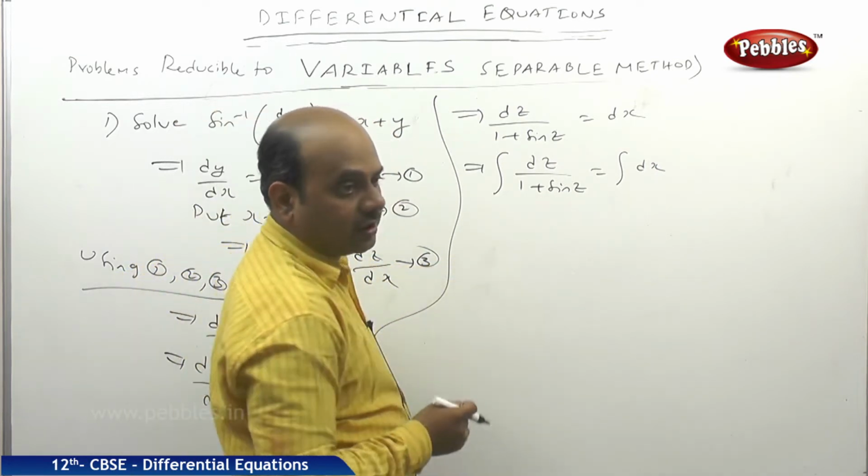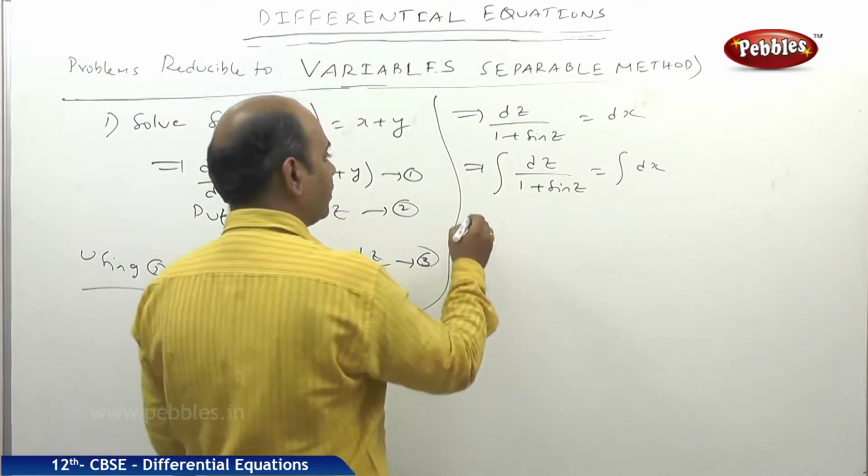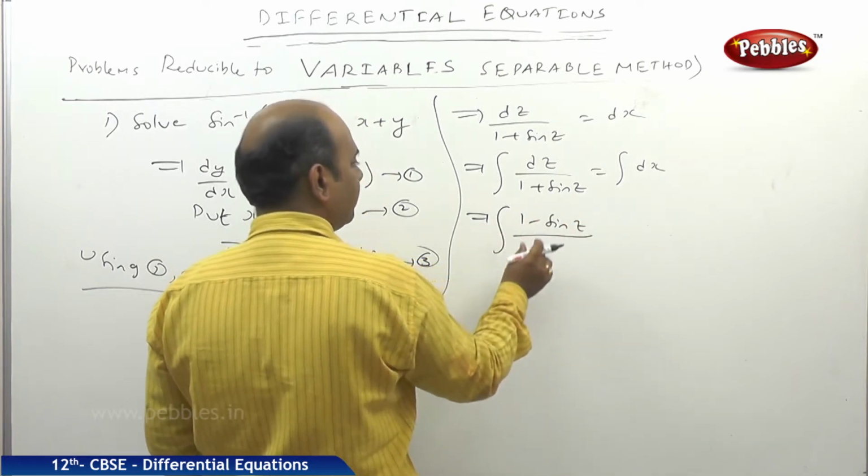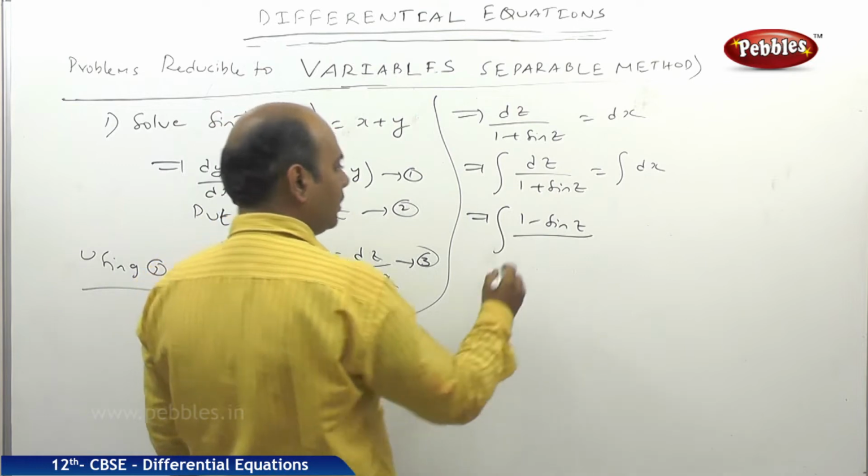Whenever this kind of integration comes, we need to rationalize. How we rationalize: multiply by (1 - sin z)/((1 + sin z)(1 - sin z)).